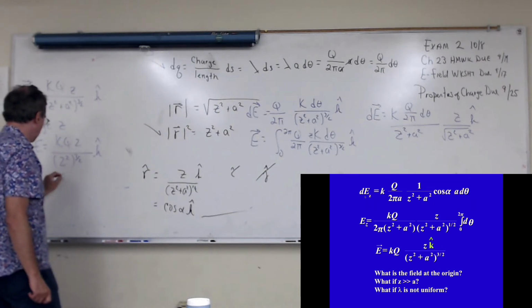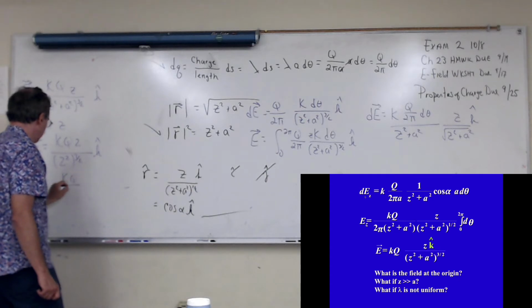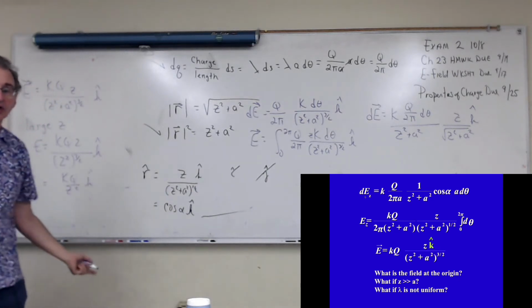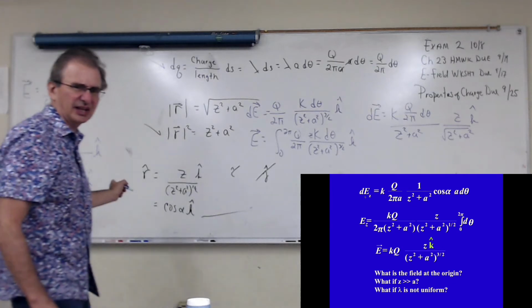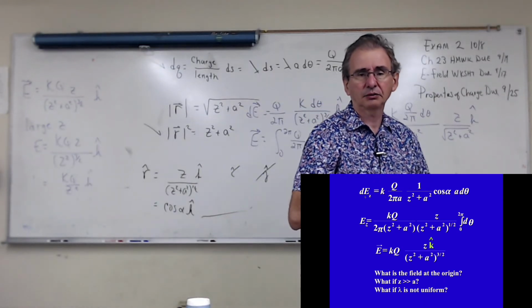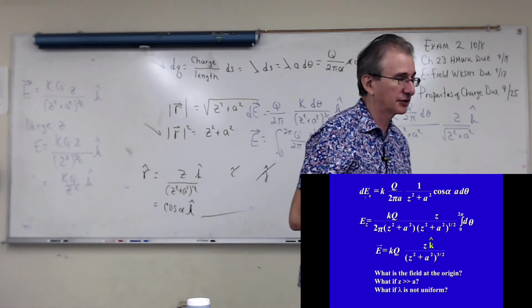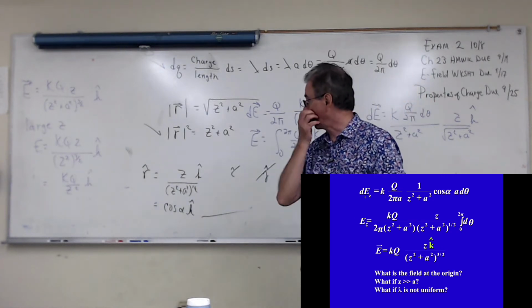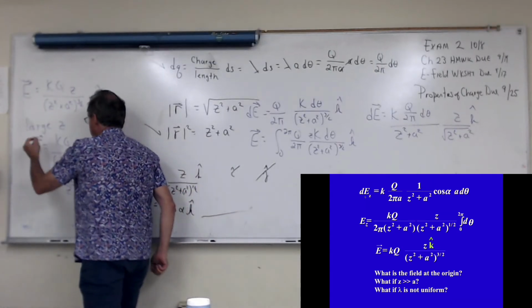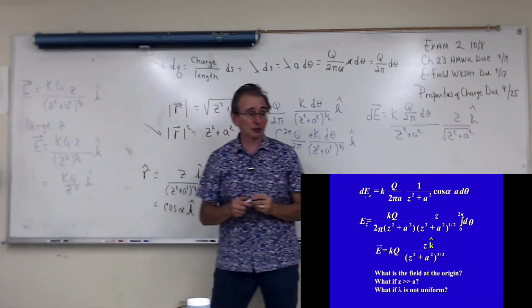And this comes to k q over z squared k hat, which is the field due to a point charge. Can you guys see that okay? I'm too far away from the computer screen, so it's hard for me to see. And so that's the field when you're really far away. It looks like a point charge, and it acts like the field due to a point charge.